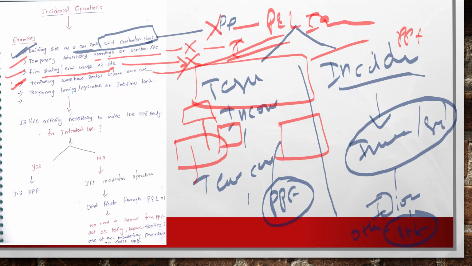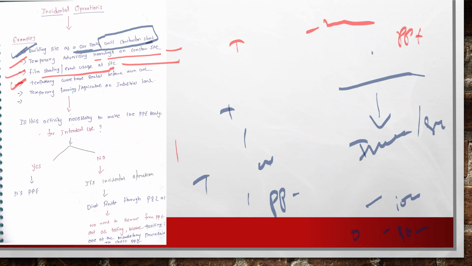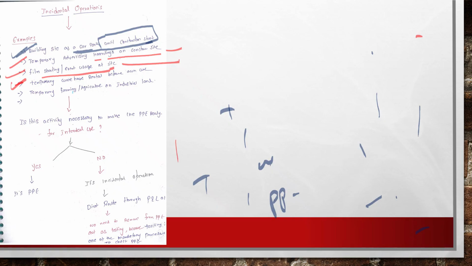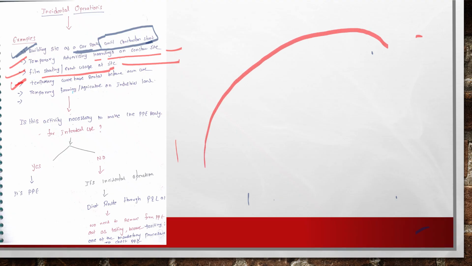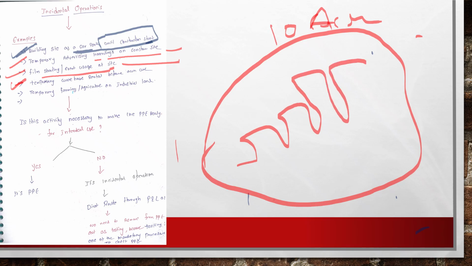And then temporary farming or agriculture on industrial land. There is one industrial land here, with a total of 10 acres. In this, you are constructing one plant. Before you construct, it will take 5 or 10 years of time.